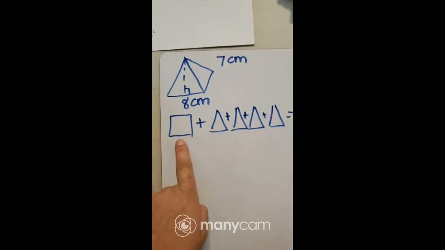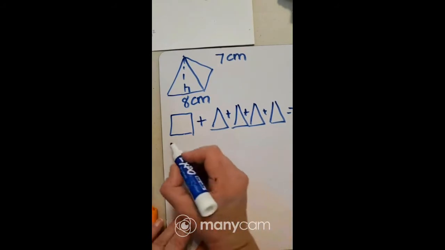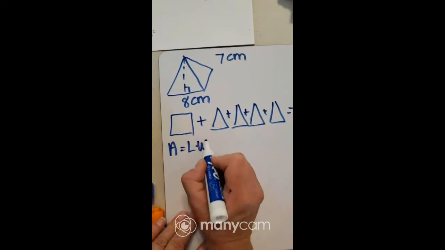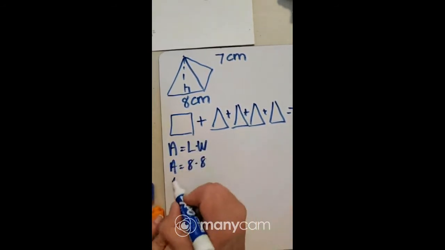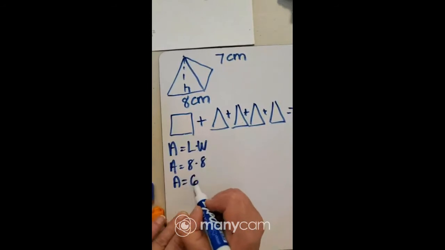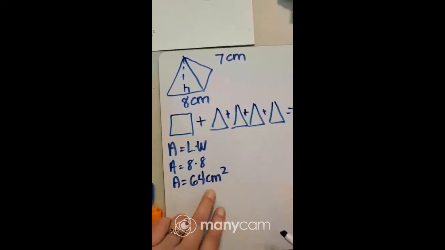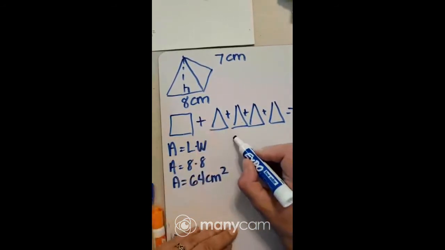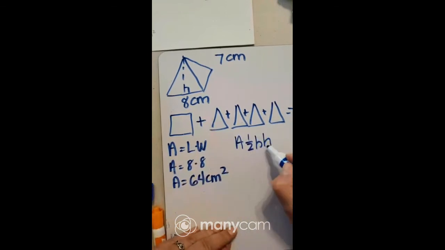So the first thing we can do is find the area of the base. We know that the area equals length times width. So area equals 8 times 8. Area equals 64 centimeters squared. Now we can find the area of one triangle. The area of a triangle is 1/2 base times the height.